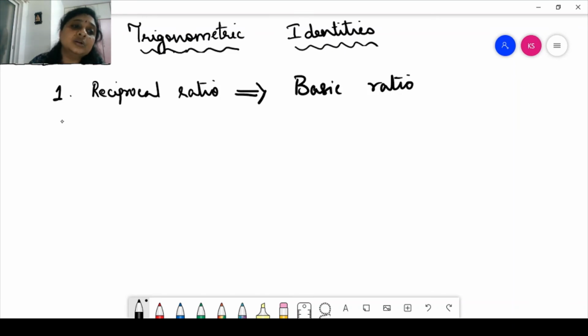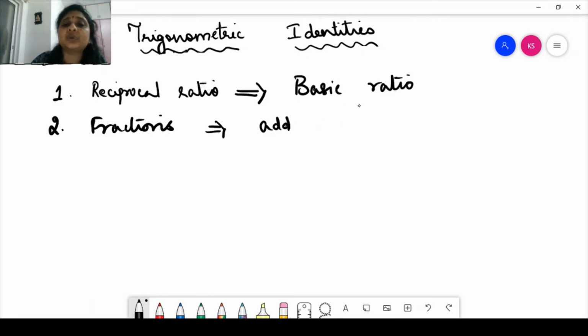Now number two, whenever you have fractions, what do you need to do? You need to add them up or subtract them, or simplify them rather, depending on what operations are there, by taking LCM. At times, we also try to multiply the numerator and denominator by the conjugate of either the numerator or the denominator.